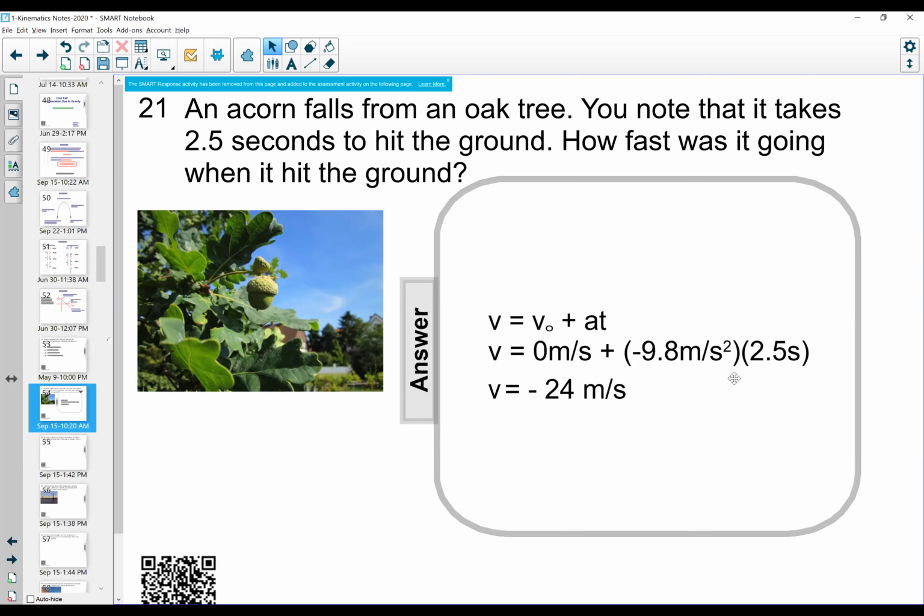9.8 has 2 sig figs, 2.5 has 2 sig figs, and so we get a negative 24 meters per second. I think was it 24.5? Did you guys use 9.8? I forget what I used. Yeah, it was 24.5, so I rounded it down to 25, negative 25. All right.